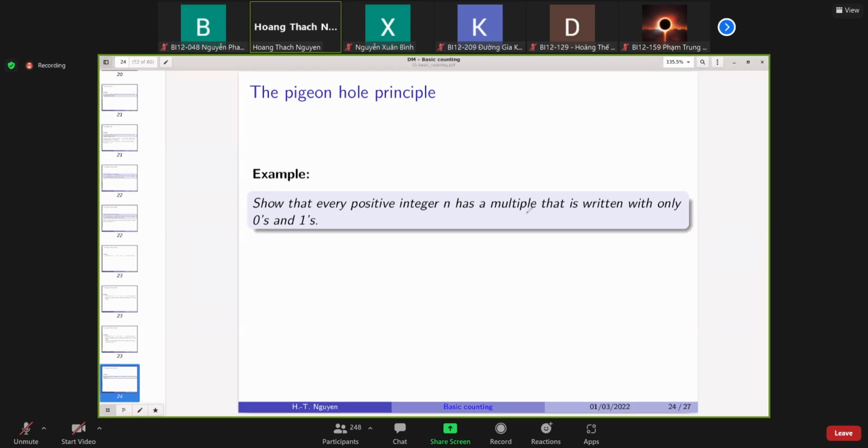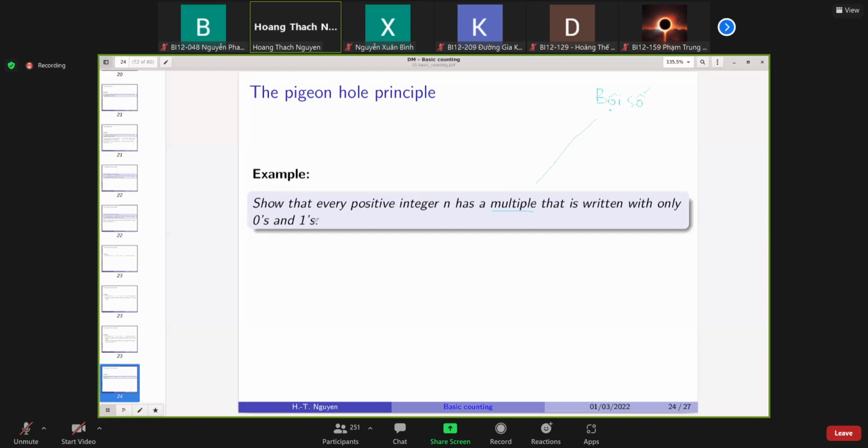A multiple of n is a number that is divisible by n. Multiple in Vietnamese is bội số.